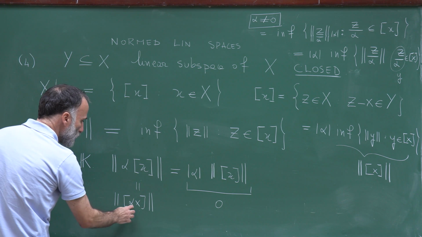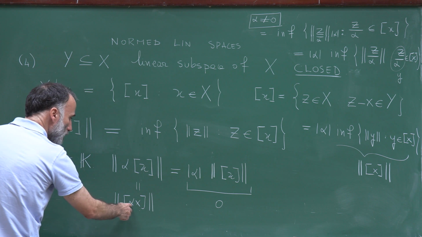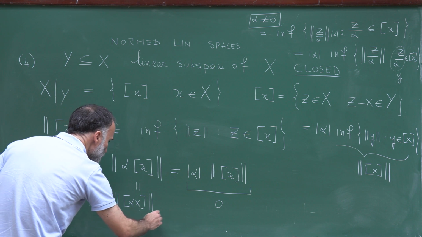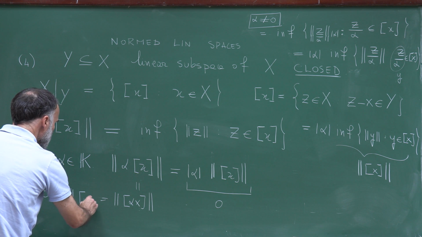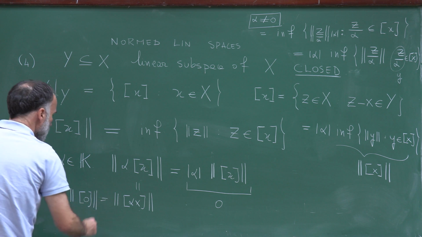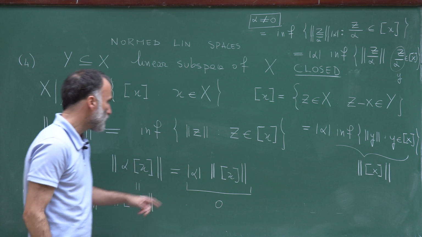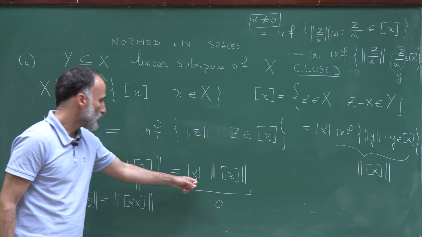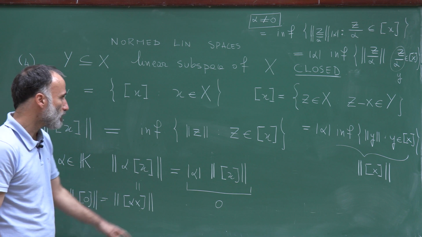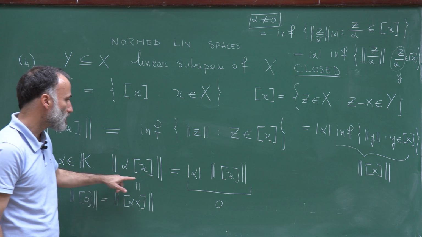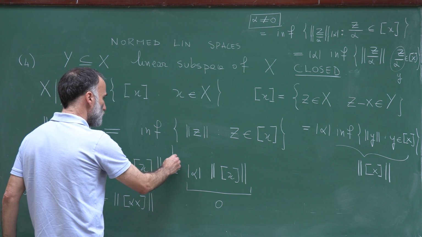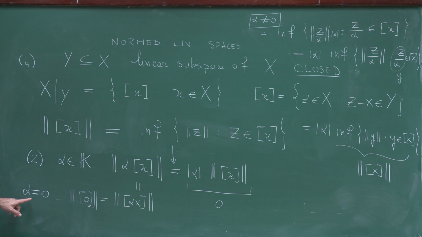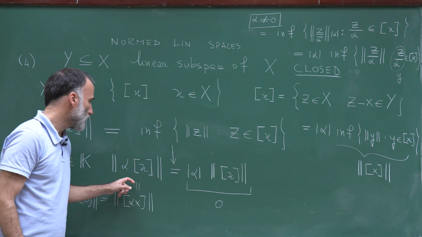Alpha is 0, so alpha times x, we have seen, is 0, so this is the norm of the equivalence class of 0, which is 0. So indeed, the right-hand side is equal to the left-hand side because both are equal to 0. So we have proved this identity in the case in which alpha is equal to 0 because both sides are 0.